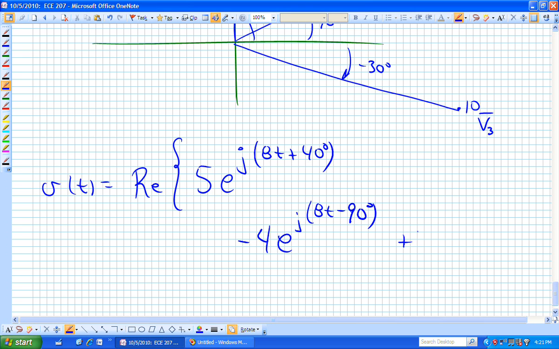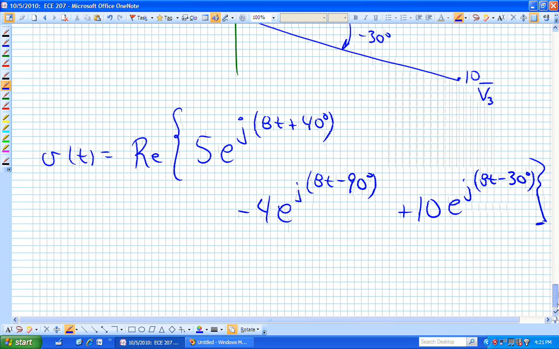Plus 10e to the j(8t minus 30 degrees). That's the v of t that I had written before, except now I'm writing it as exponentials, and I'm just taking the real part of that. And if I did that term by term, I would have the v of t that I had written down before, these cosines.